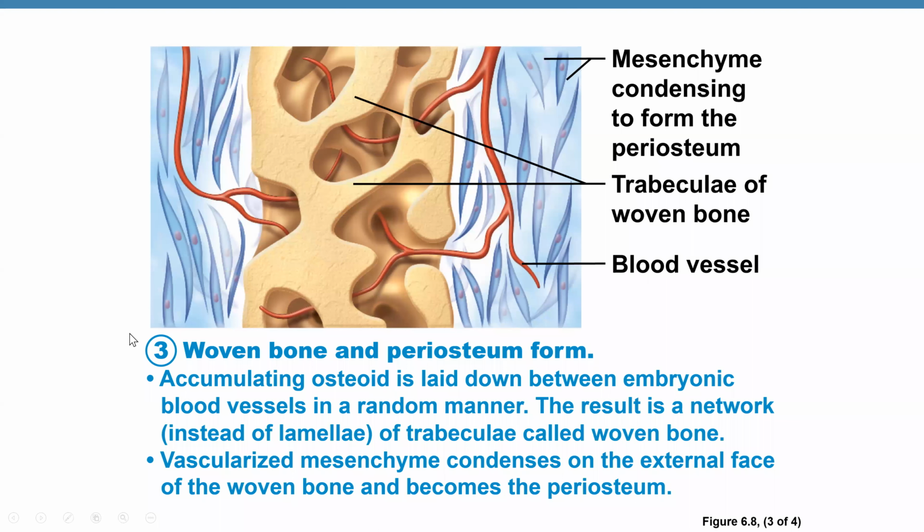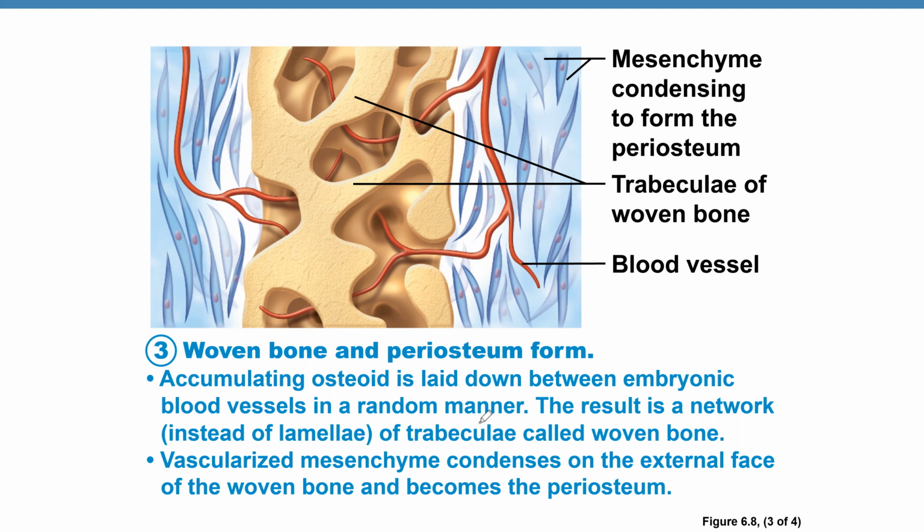Step number 3, woven bone and periosteum form. Accumulating osteoid is laid down between embryonic blood vessels in a random manner. Osteoblasts deposit osteoid, and osteoid calcifies. Because it is laid down between embryonic blood vessels, it has a random pattern.